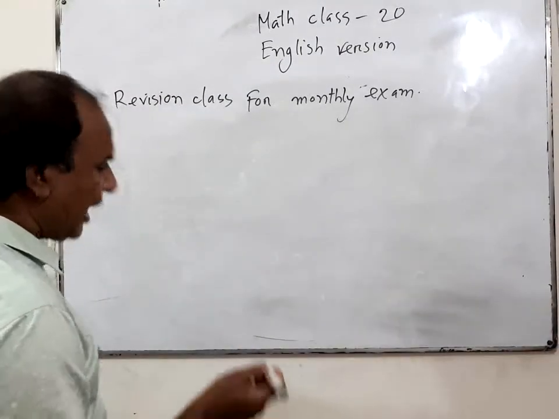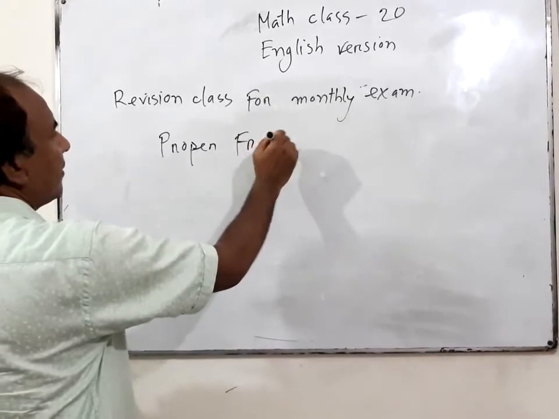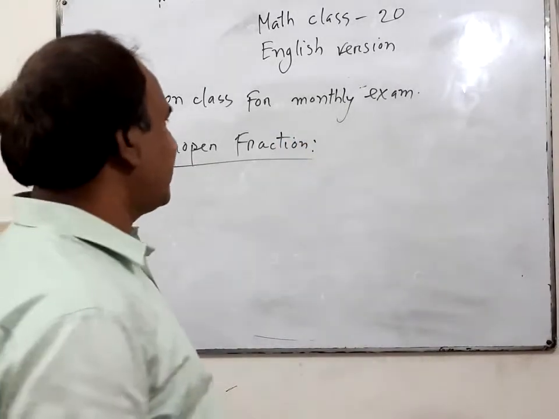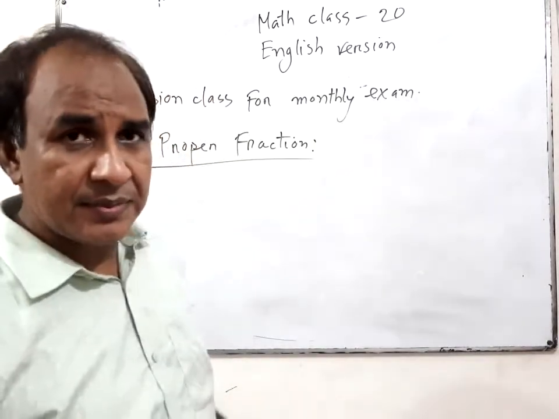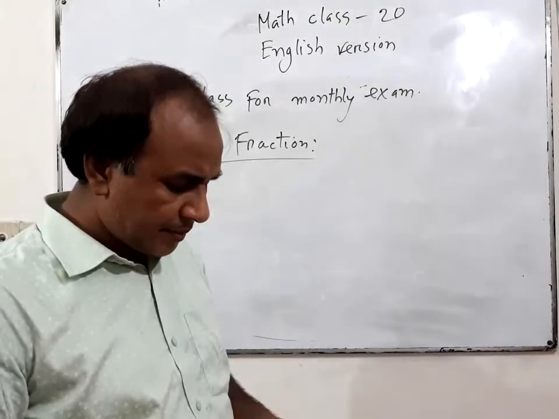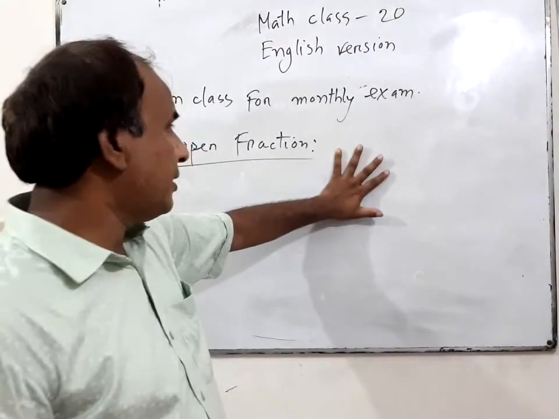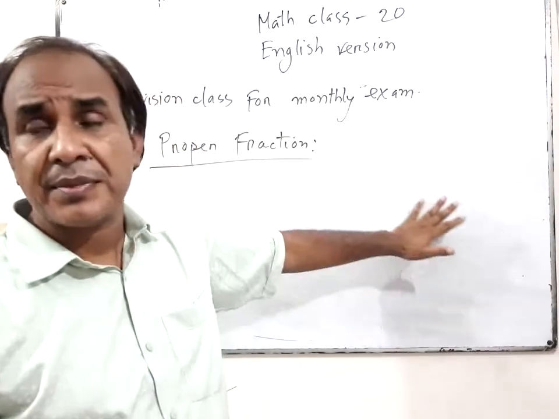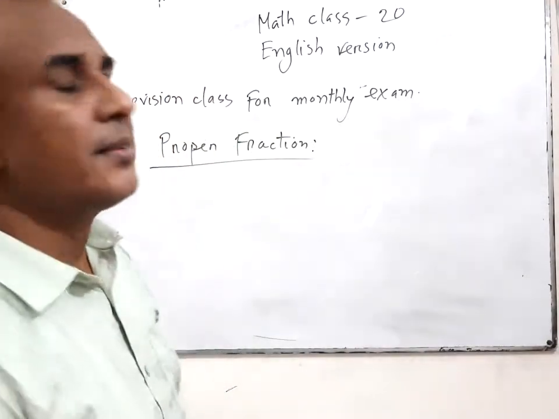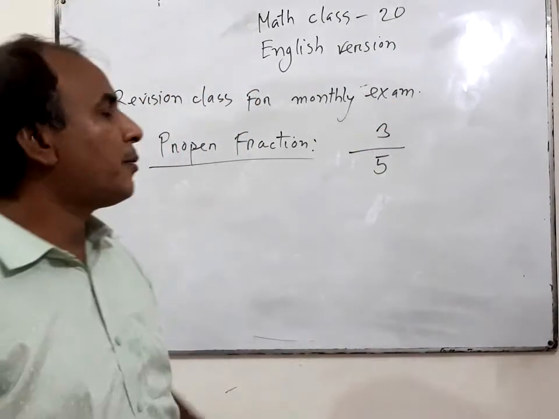So we have an idea about the proper fraction. Just the definition I am saying: if a fraction's denominator is more than its numerator, we have to say it is a proper fraction. 3/5, this is a proper fraction.